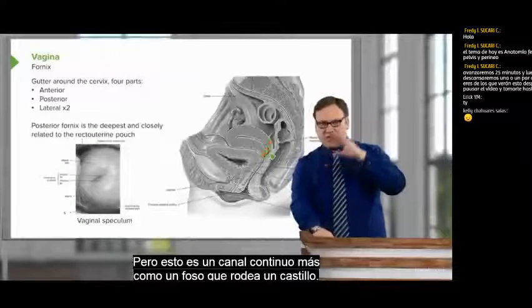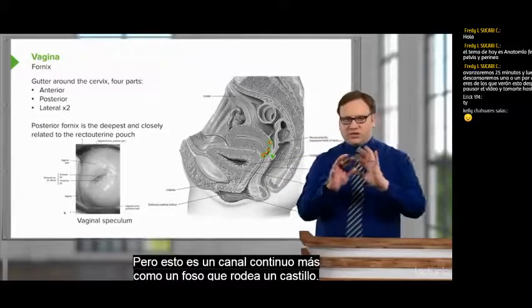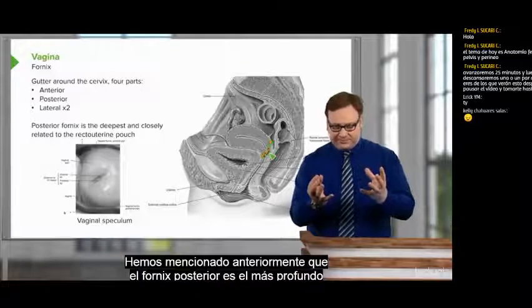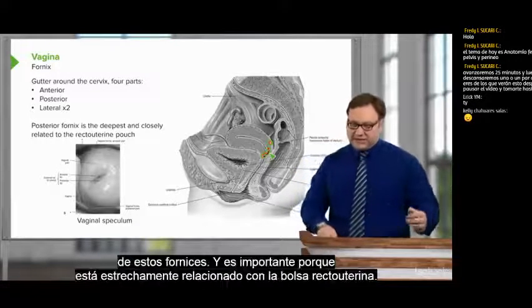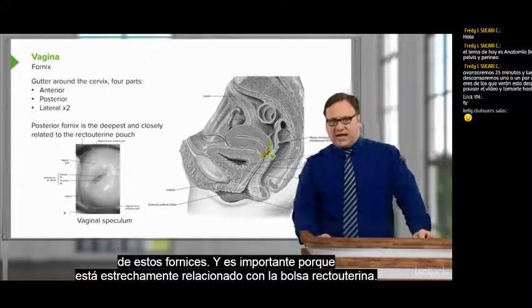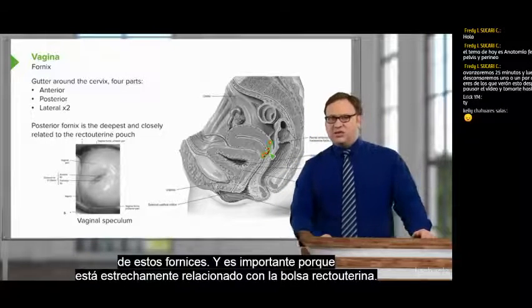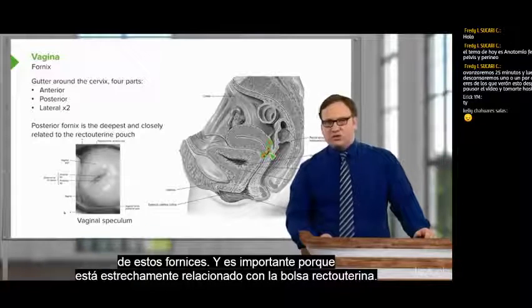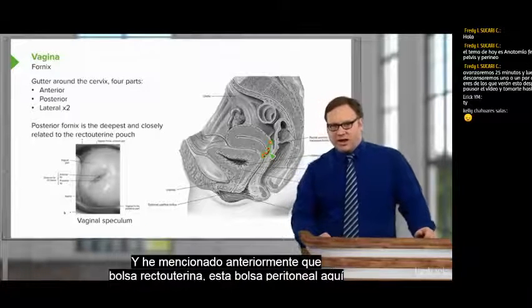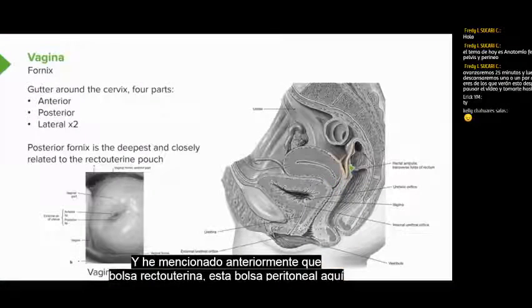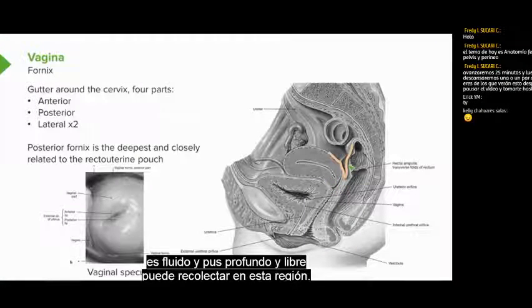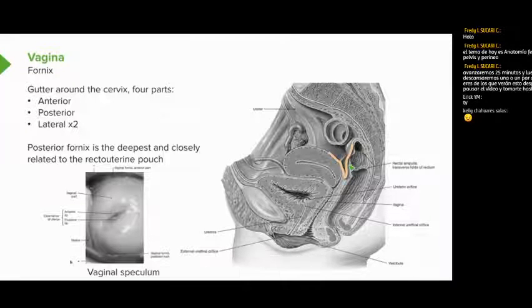But this is a continuous gutter, much like a moat that surrounds a castle. We've mentioned previously that the posterior fornix is the deepest of these fornices, and it's important because it's closely related to the recto-uterine pouch. And I mentioned previously that the recto-uterine pouch, this peritoneal pouch here, is deep and free fluid and pus can collect in this region.